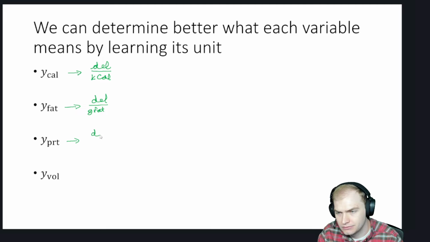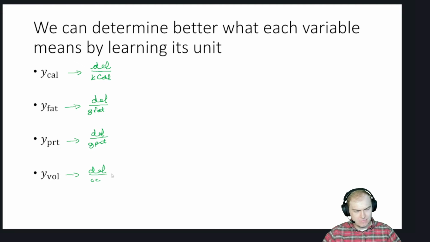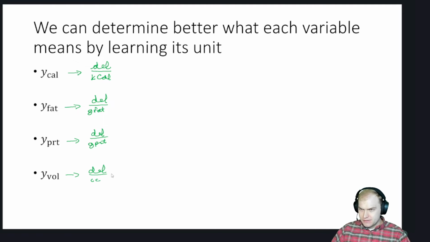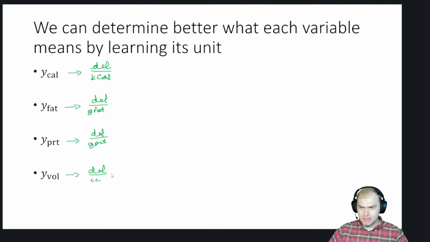Y protein is deliciousness per gram of protein. And the Y volume is deliciousness per cubic centimeter. So each of these puts some value on a unit of kilocalories, fats, proteins, and volume.